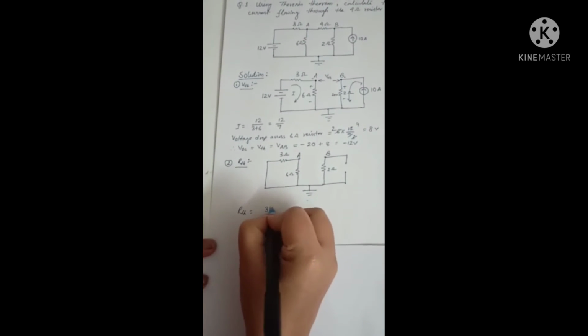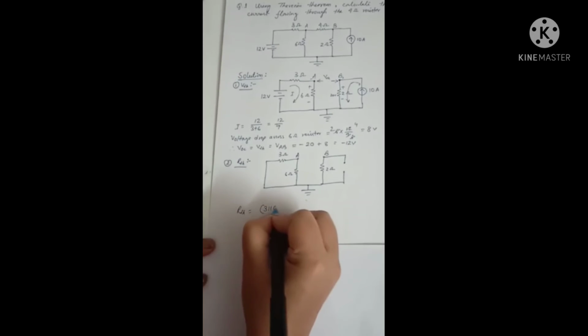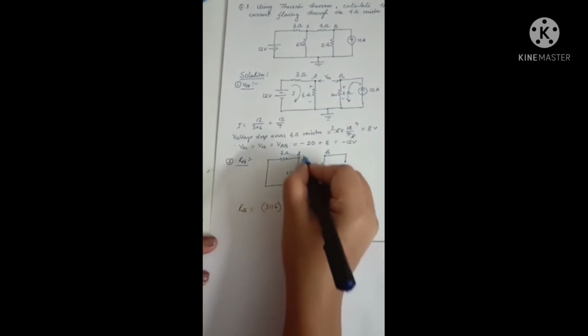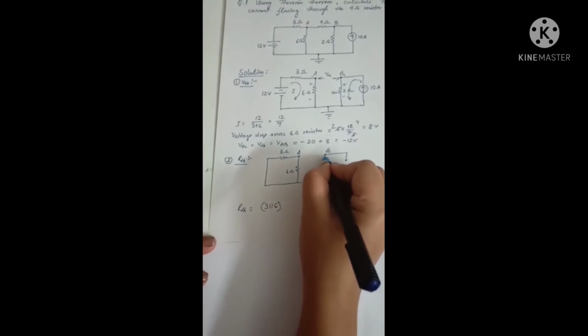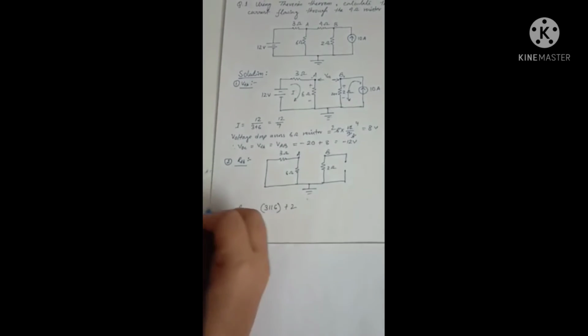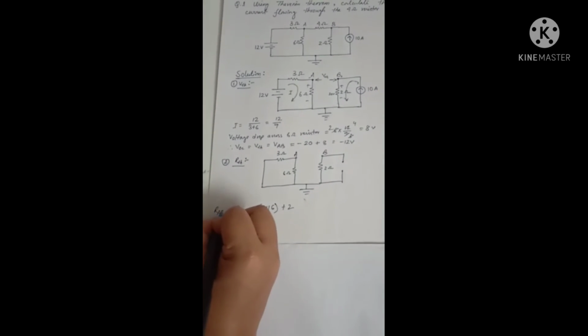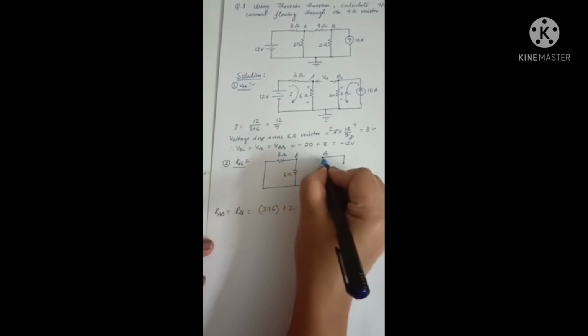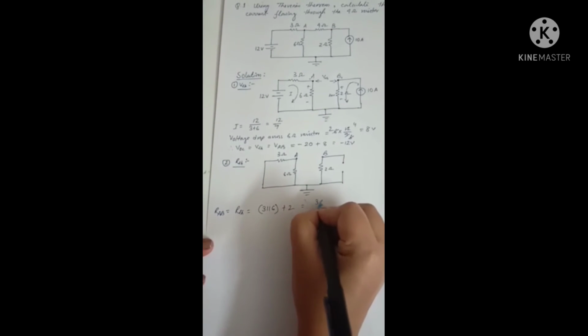So 3 parallelly connected with 6, and then this combination is connected in series with this 2, because RThevenin is actually RAB, the equivalent resistance with respect to these 2 points. So 3 into 6 divided by 3 plus 6 plus 2, 18 by 9 plus 2, so this is 4.